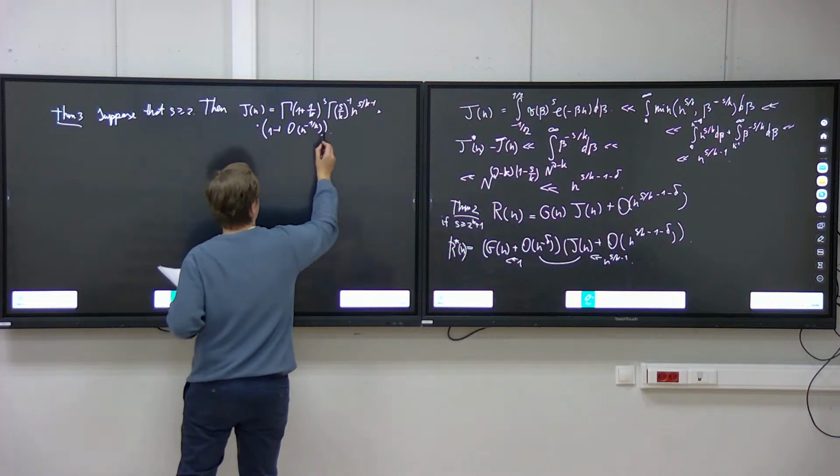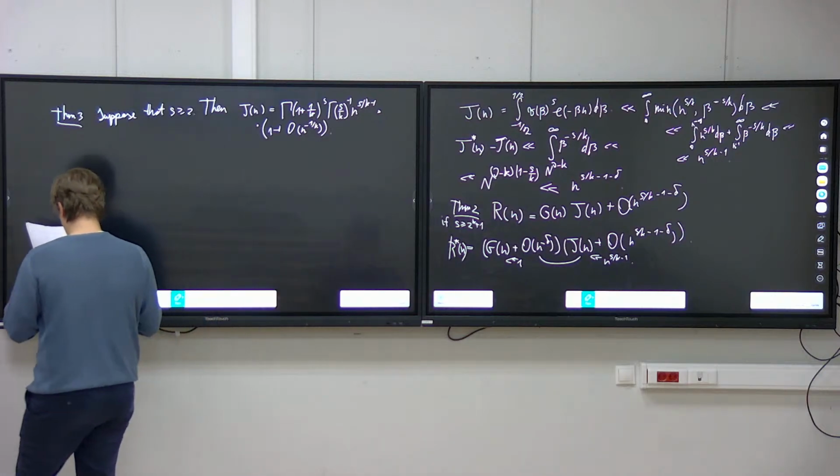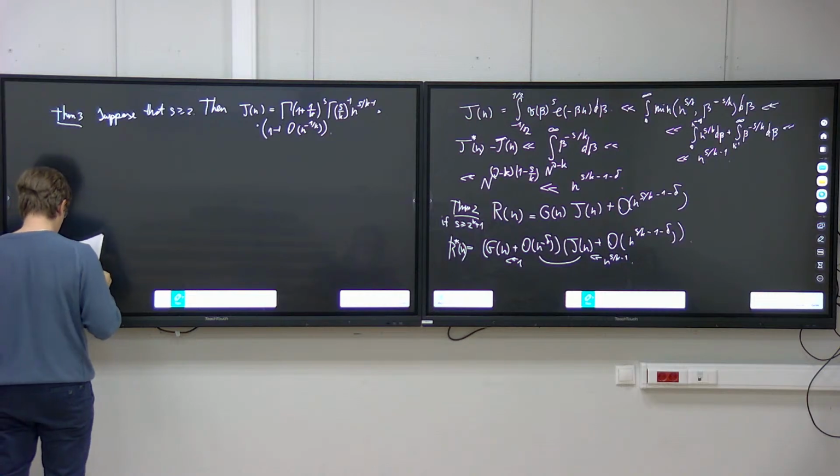So we can compute with some error term our sum.